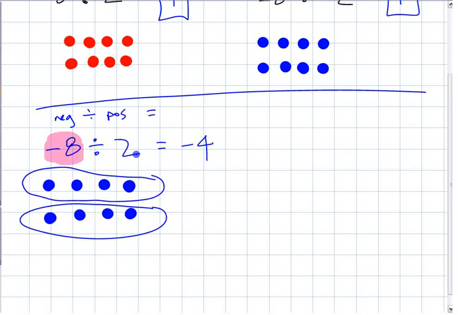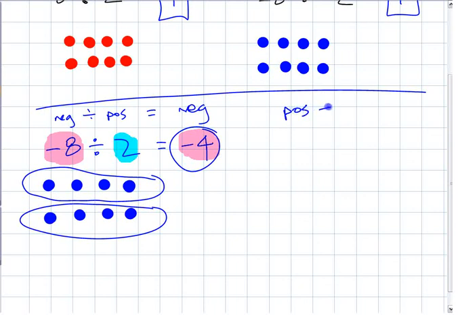Because that's what dividing is, right? Sharing equally. Each person owes $4, right? That's why it's negative. If you have a negative divided by positive, you get a negative. Okay?